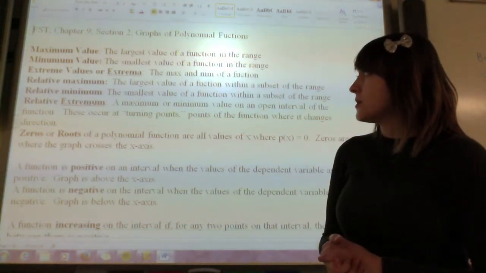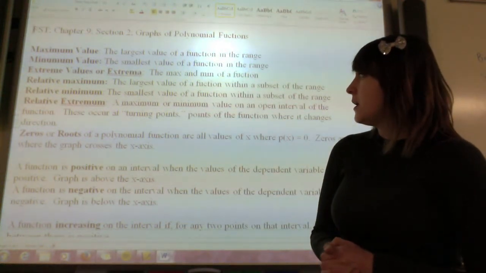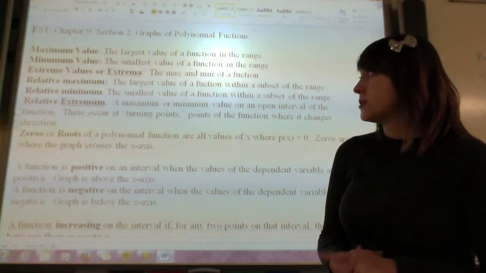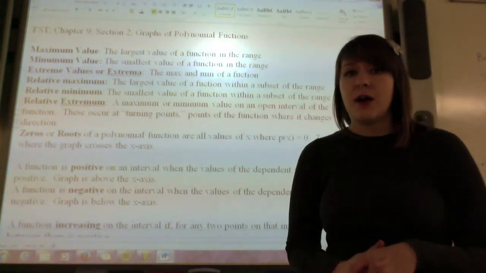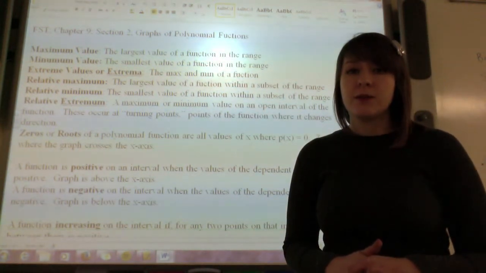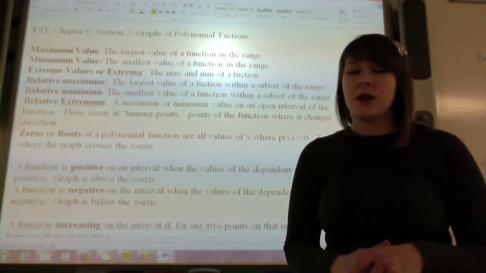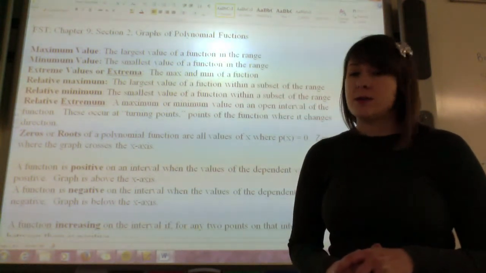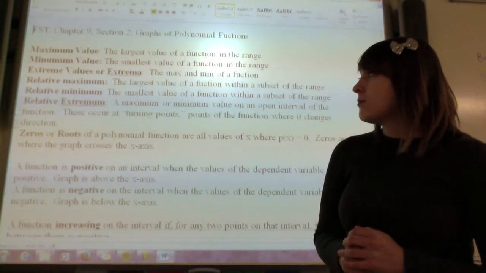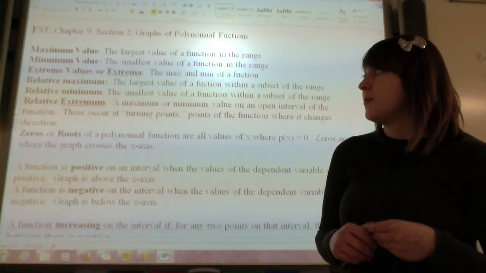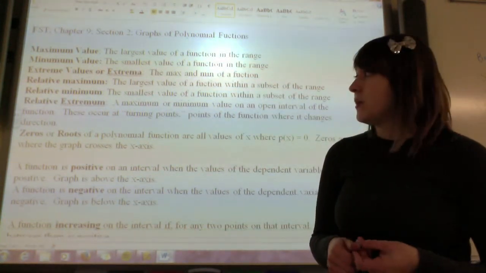Okay, we also have extreme values, or extrema, and that is the max or min of a function. So extreme values, or better referred to as extrema, they're just talking about your maximum and minimum values. We also have what's called relative maximum, relative minimum, and relative extremum.